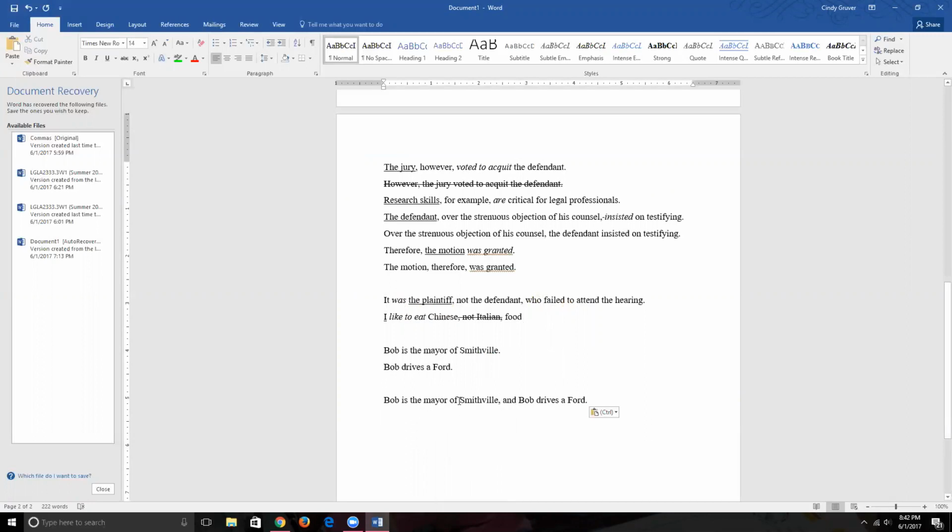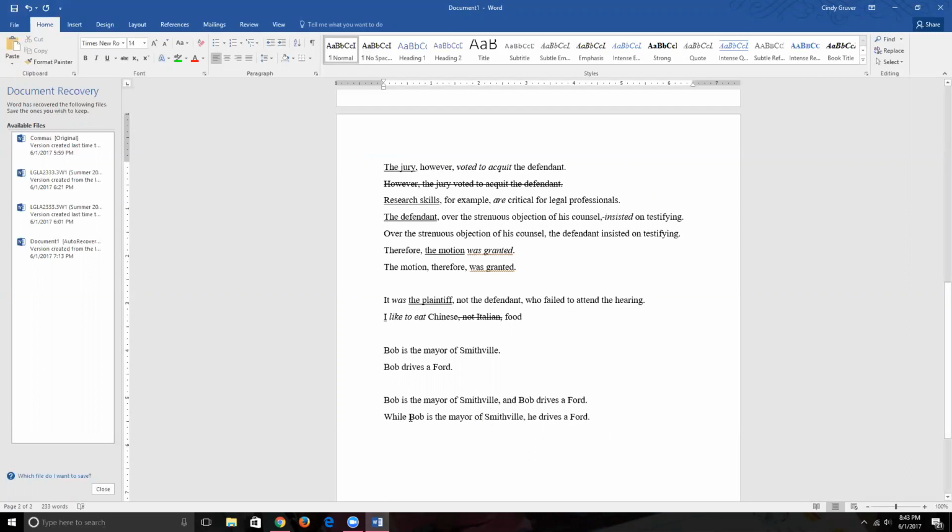So what we did is we just took our independent clause and we put together another independent clause and made it into one sentence. Another way we could do it is we could subordinate one of these clauses. We could say, while Bob is the mayor of Smithville, he drives a Ford.